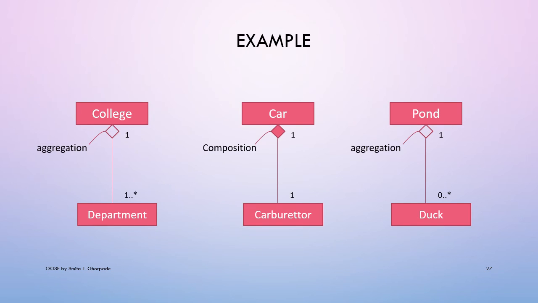One college has one or many departments. This is aggregation. The whole thing is college and its subpart is department. Then one more example, pond and duck. One pond has one or many ducks. So this is shown by an aggregation relationship.